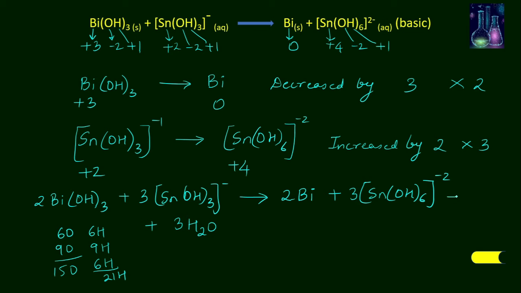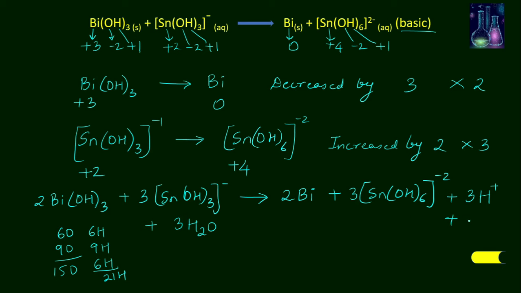Now 18, so I have to add 3 H plus ions over here to make it balance. But since the reaction is in basic medium, the fourth step says to add OH minus ions equal to the number of H plus ions on both sides of the reaction.